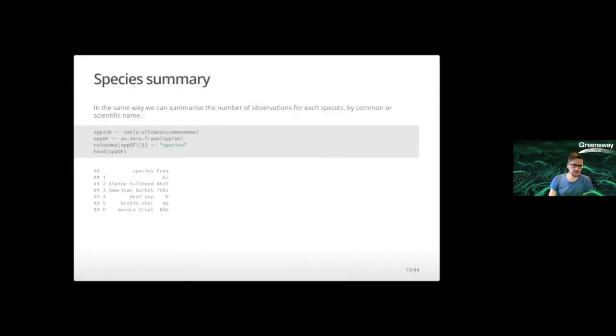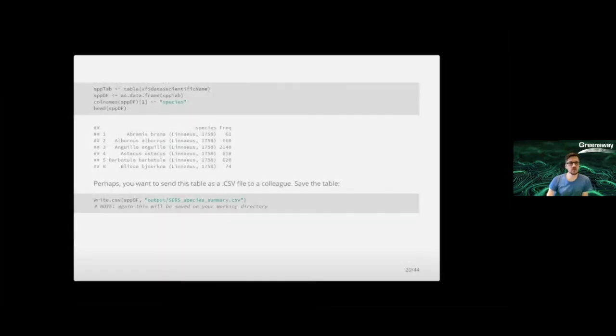We can look also at the different species, if we have any particular species that is more represented than others. And you can do this by the common name or by the scientific name, and quickly produce a table with the frequencies of observation, the number of records for each species.